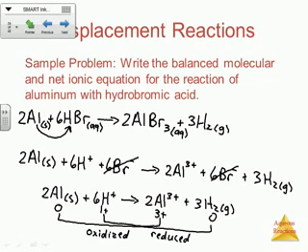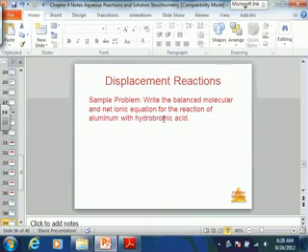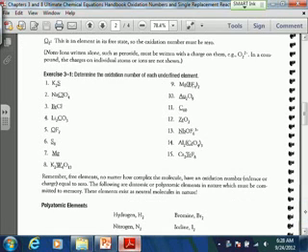Let me see if there's anything real quick that I want to add to that from the chemical equation handbook. By the way, in chapter 3 here, the reason I included this chapter is because it's got more practice with determining oxidation numbers, so that's useful.